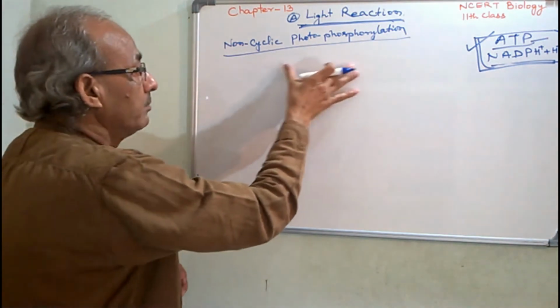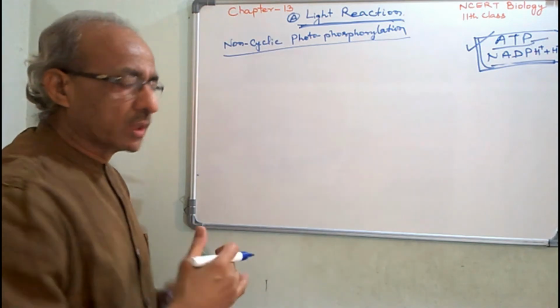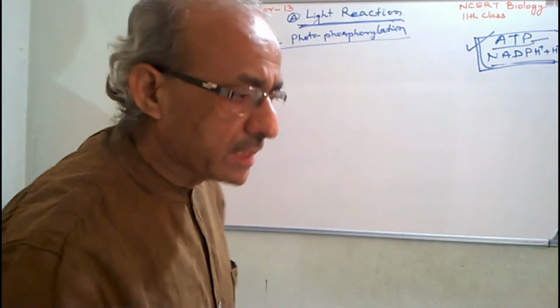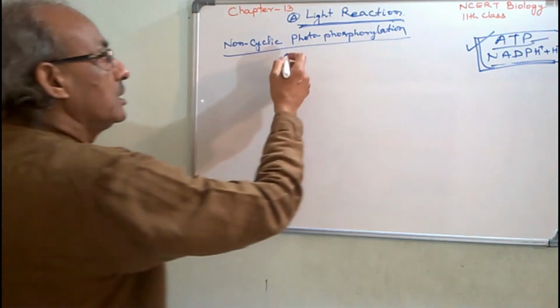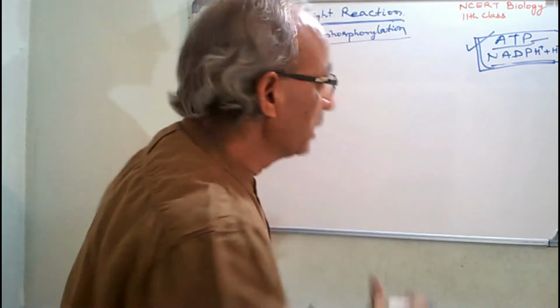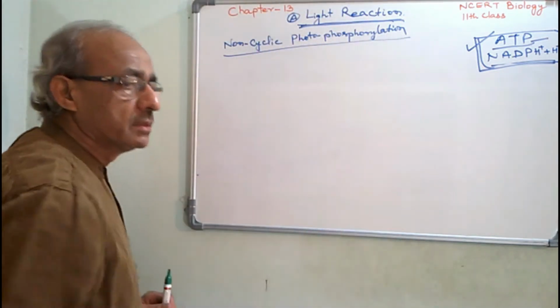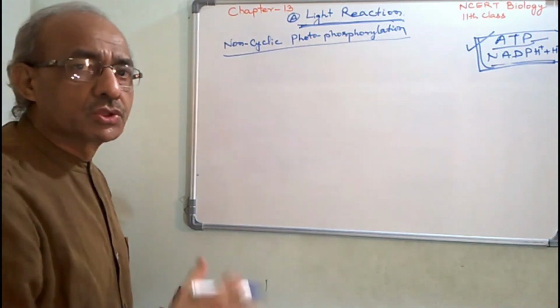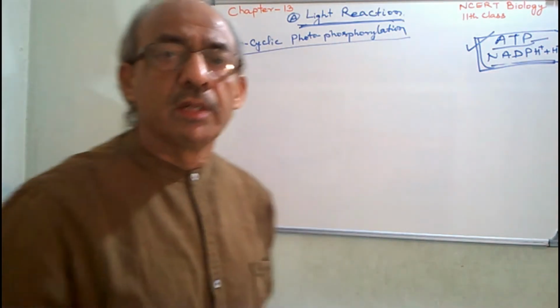So here the production of ATP and NADPH is called photophosphorylation.